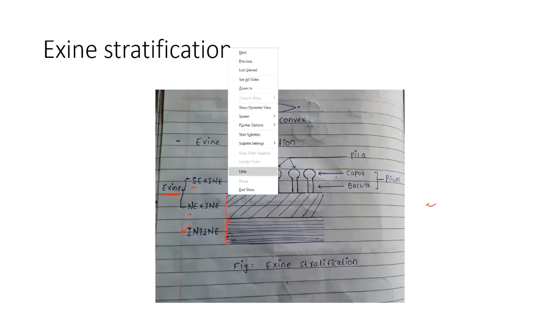So this is the intine. And as far as the outer layer is concerned, that is exine, differentiated into sexine and nexine. Now nexine is as it is. But look at the sexine. I said it shows the presence of ornamentation.